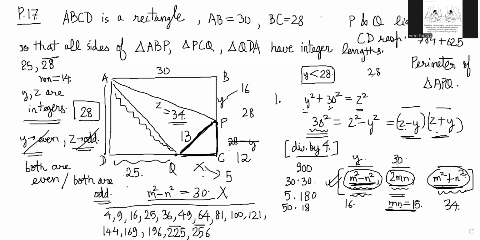Let's check 28 square. It is 784. 35 square. What is 35 square? Isn't it like 1225? No, wait, it is 1225.